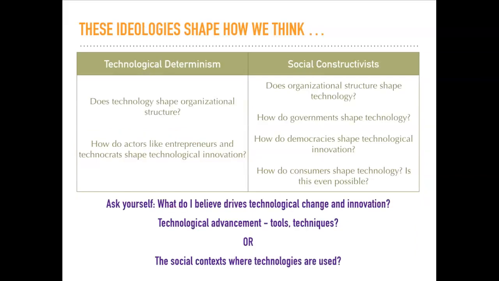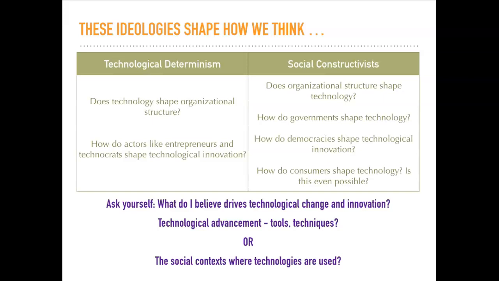The reason why I wanted us to go back and address this difference in technological bias is that it shapes how we think about what shapes technology and what forces control technology, or is it the other way around?